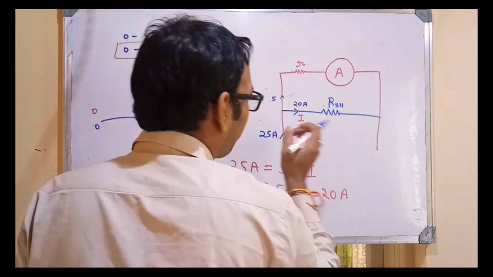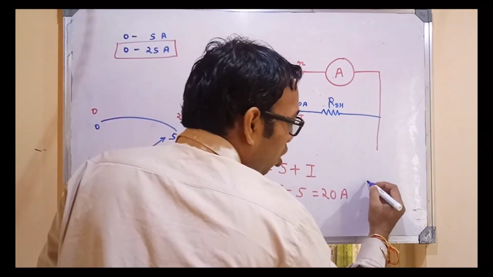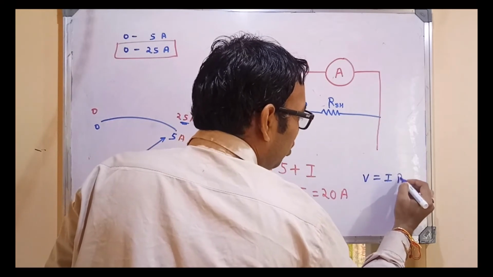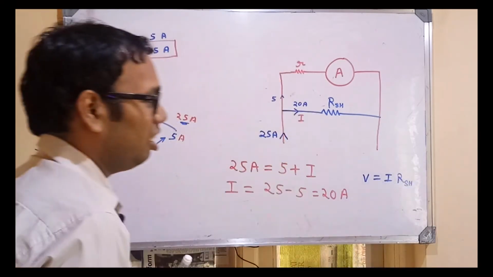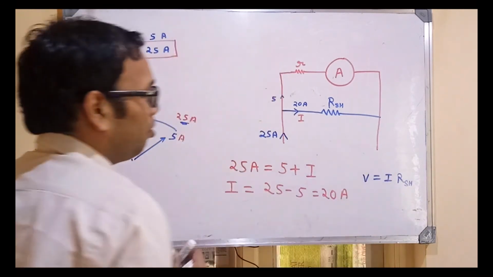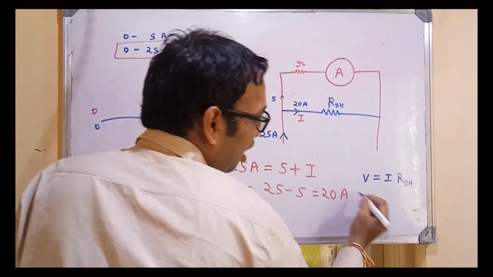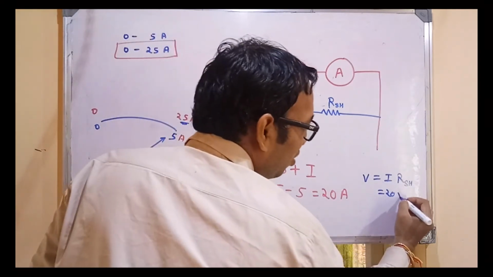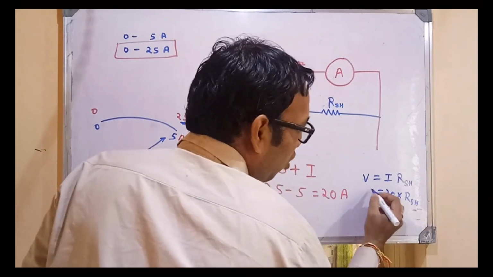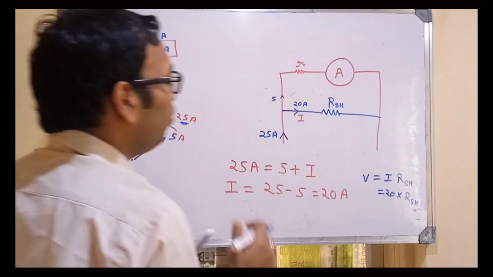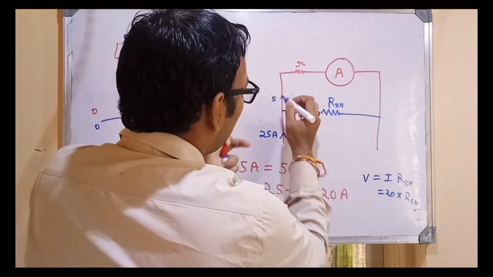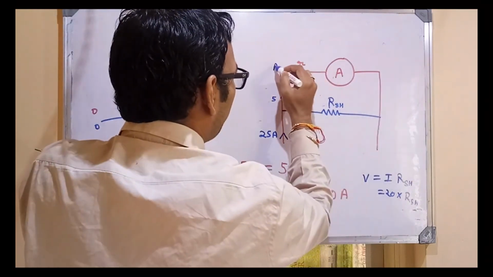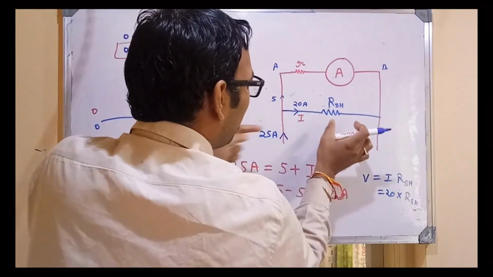Now we have to find this shunt resistance. According to Ohm's law, V is equal to I into RSH. Then what is V? Whatever the potential is across points A and B, the same potential is across the RSH.